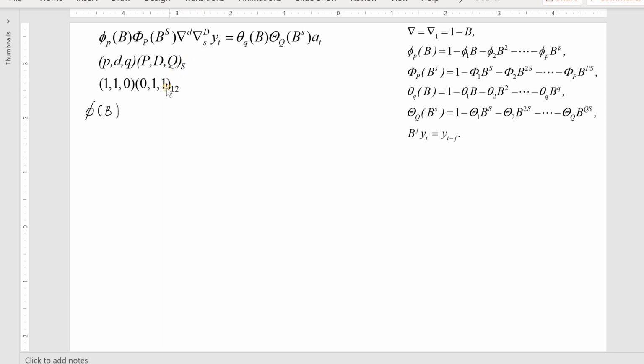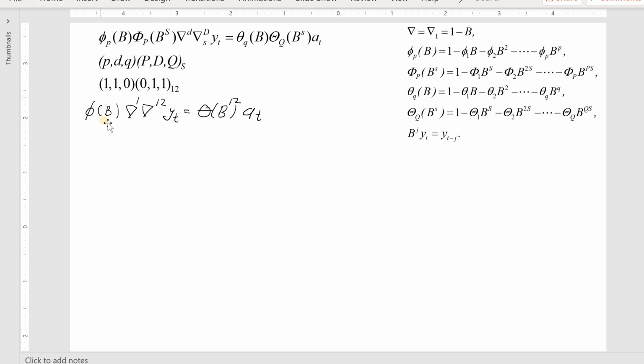And then capital Q, MA only, so this is 1. So differencing 1 12 YT, and then q for non-seasonal is 0. So capital Q at the seasonal is 1, with period 12, and then at. It should be in brackets here.